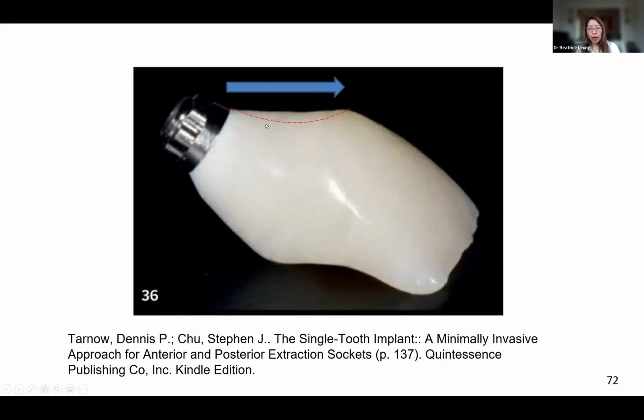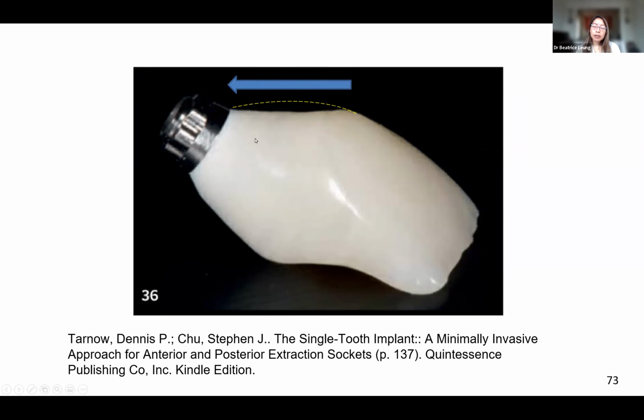So if you do develop it more concave, the gingival margin will tend to come down occlusally. If you make it too convex, you tend to push the soft tissue up and above, and you may push it too gingivally, too apically, which may be aesthetically not ideal.